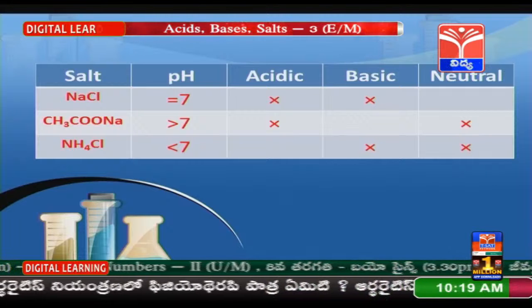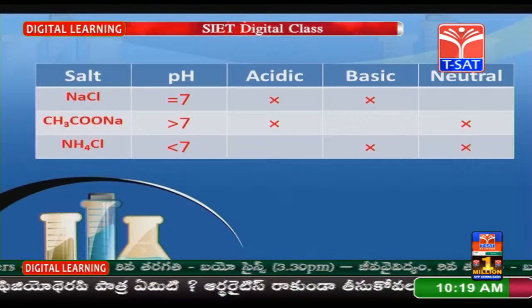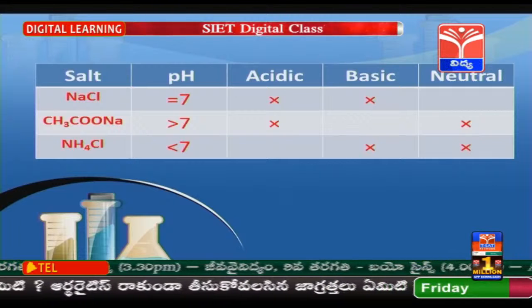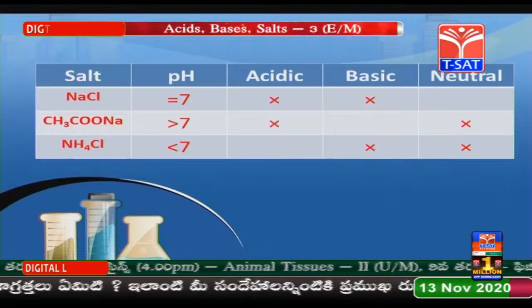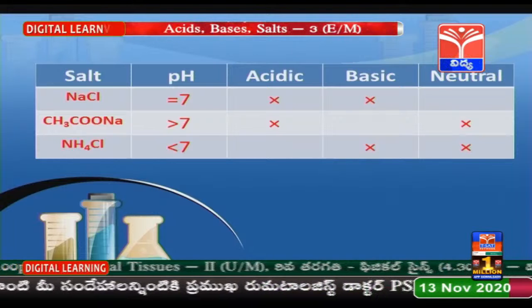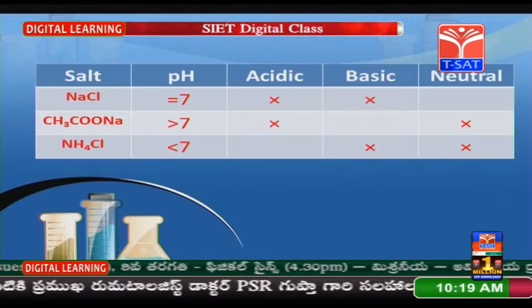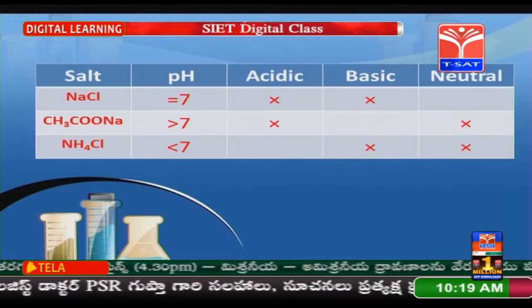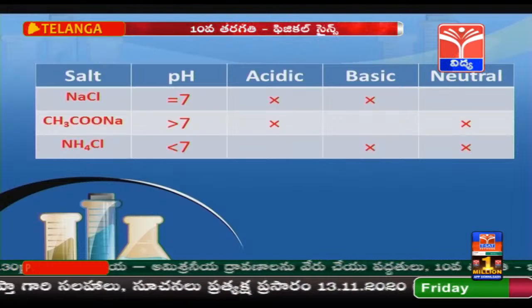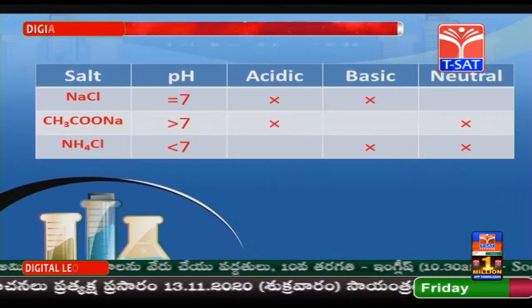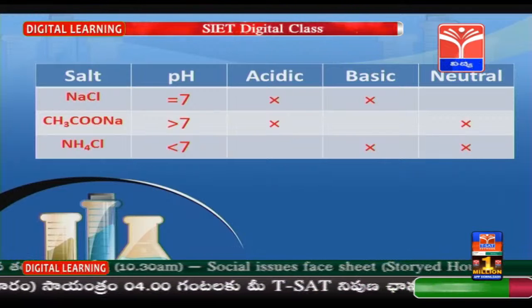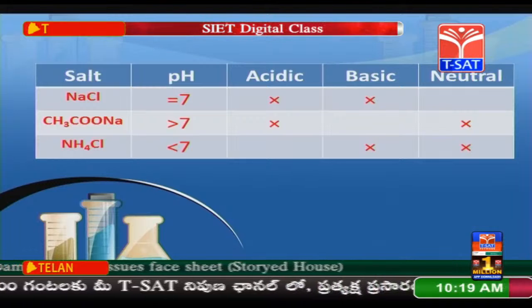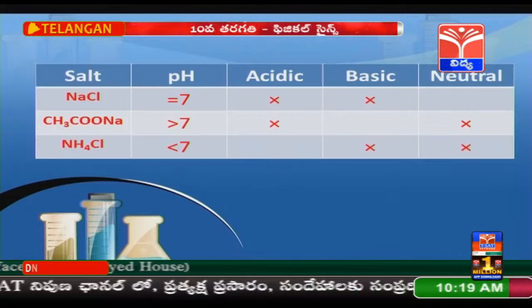Next, whenever you dip pH paper in NH4Cl, you will get a pH value less than 7. That means it is an acidic solution. Now, what are the acids and bases involved in this reaction? Just think, children, ammonium chloride is the salt. What are the base and acid? The acid is dilute hydrochloric acid, the base is ammonium hydroxide.